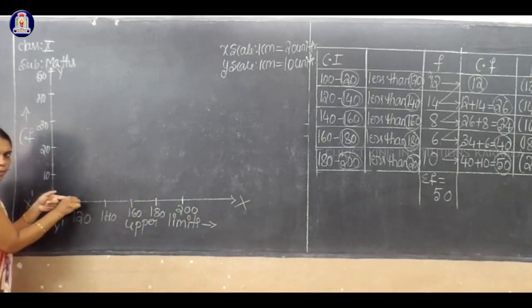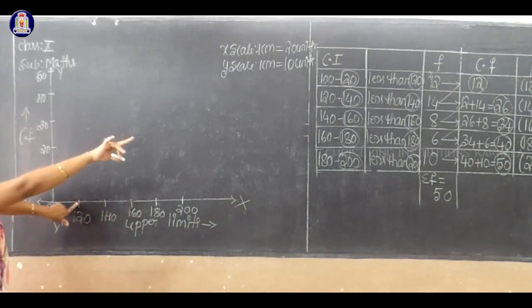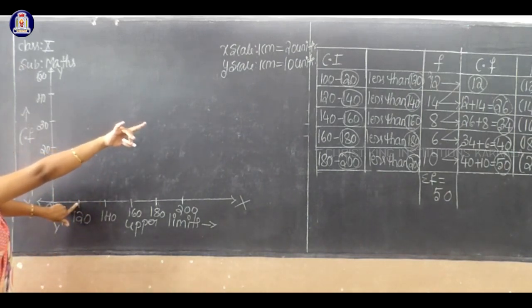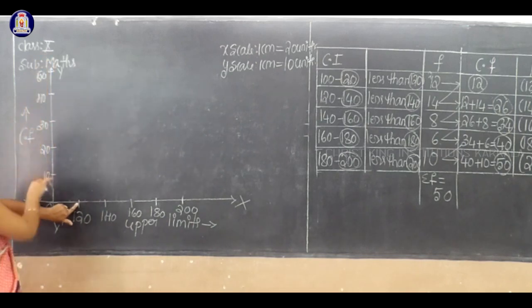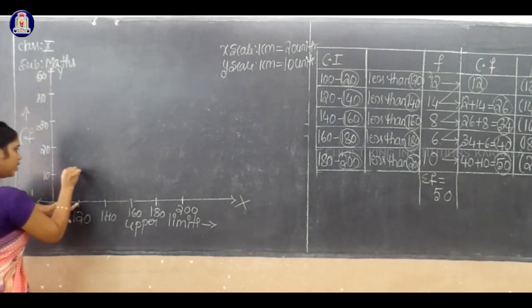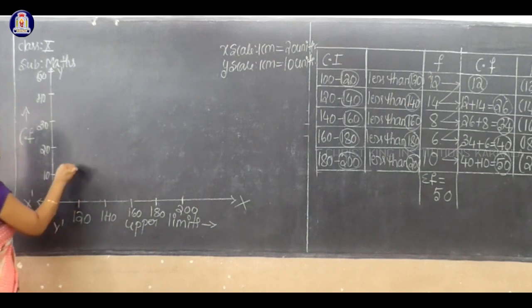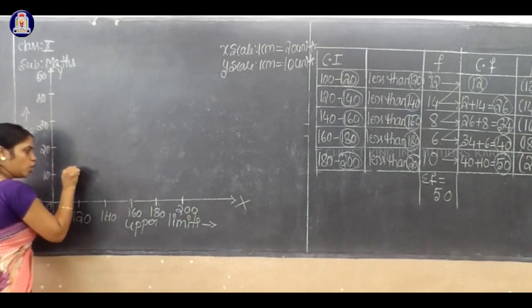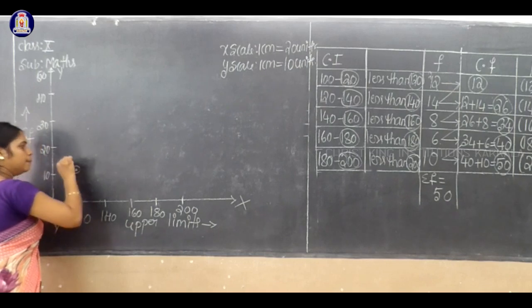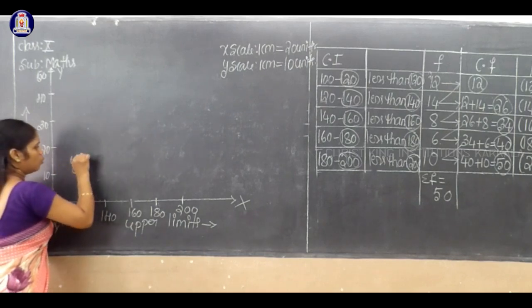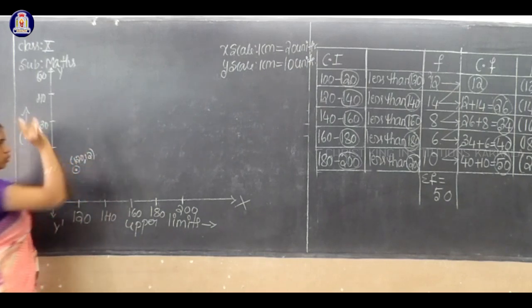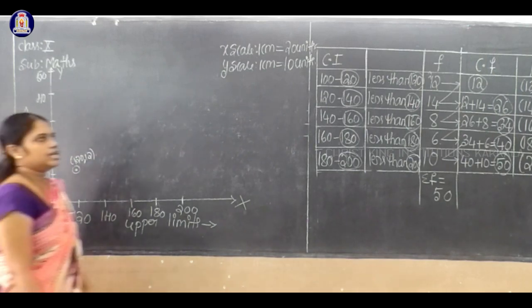This is your point 120. 120, 12. So 12 along the y-axis, somewhere here it will come, isn't it? So 120, 12. One dot, around that one circle. What is this point? 120, 12.